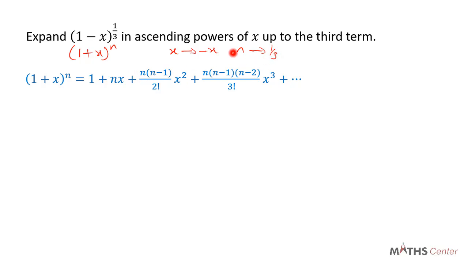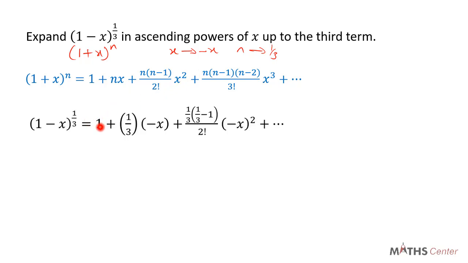So we are going to substitute this into the expansion here. Remember, we are only doing it up to the third term. That is the term containing x squared. So this will give us 1 plus 1 divided by 3 times negative x plus 1 divided by 3 times 1 divided by 3 minus 1 divided by 2 factorial, then negative x squared.